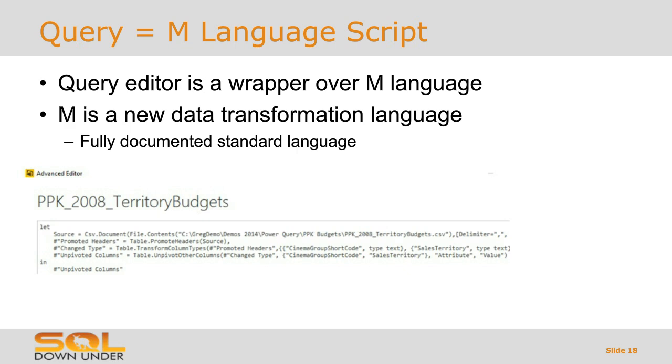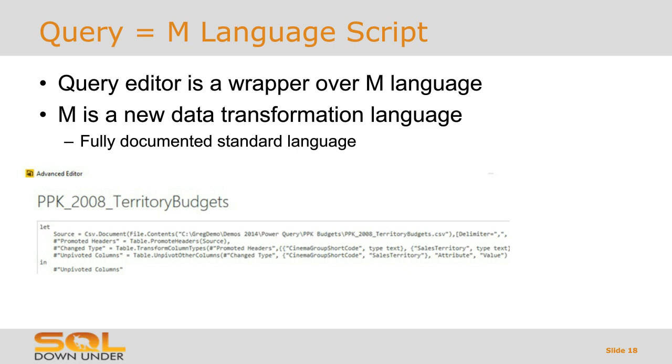The thing that is wonderful about it is that Microsoft have pushed it out, they've documented the whole thing, and they've published the whole thing. So this is a language for how you can manipulate data and transform data, and it's fully published. Now, the nice thing with that is that M can do more things than what we can do in Power Query as yet.